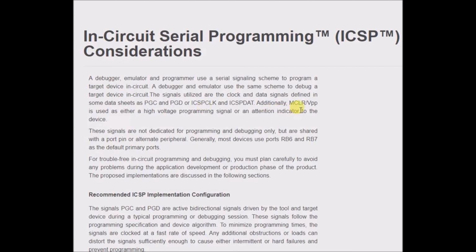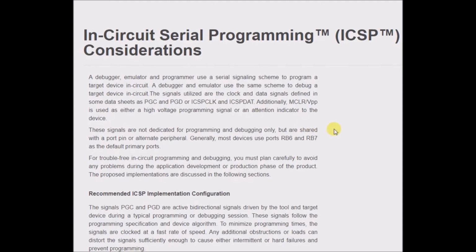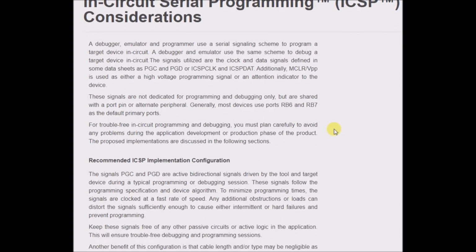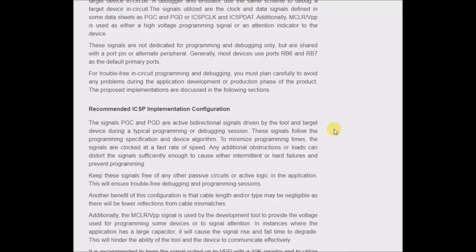Additionally, MCLR/VPP is used as either a high voltage programming signal or an attention indicator to the device. These signals are not dedicated for programming and debugging only, but are shared with a port pin or alternate peripheral. Generally, most devices use ports RB6 and RB7 as the default primary ports.